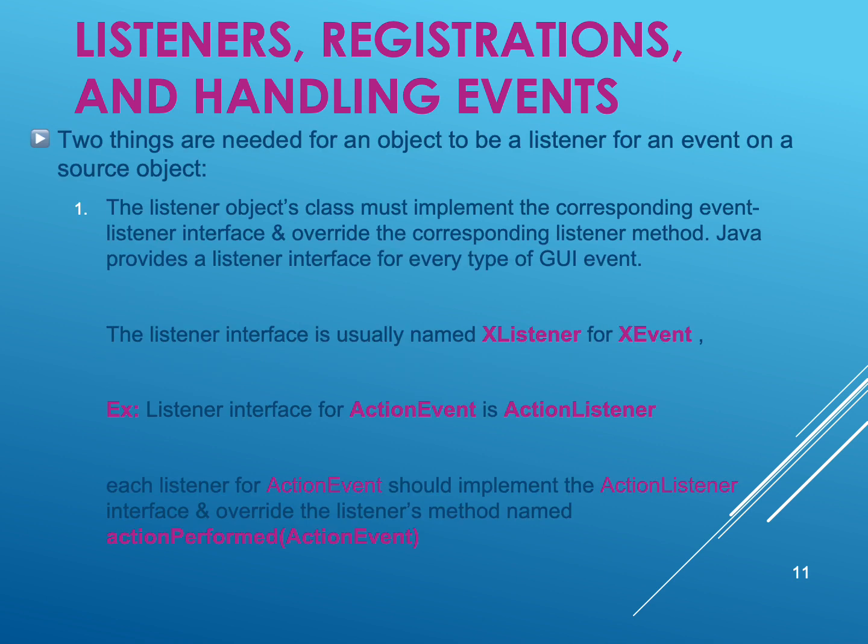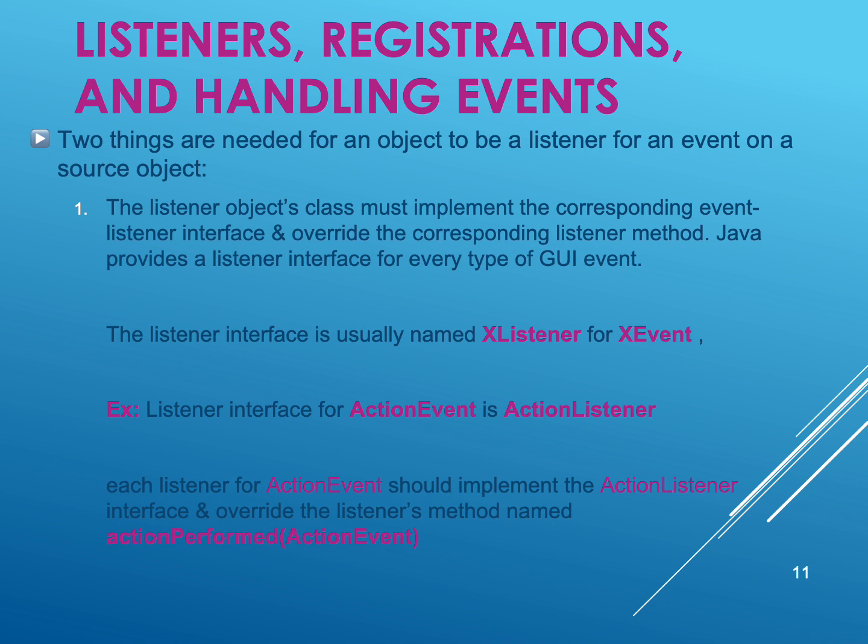There are two things that are needed for an object to be a listener for an event on a source object. The listener object's class must implement the corresponding event listener interface and override the corresponding listener method. Java provides a listener interface for every type of GUI event. The listener interface is usually named XListener for XEvent.